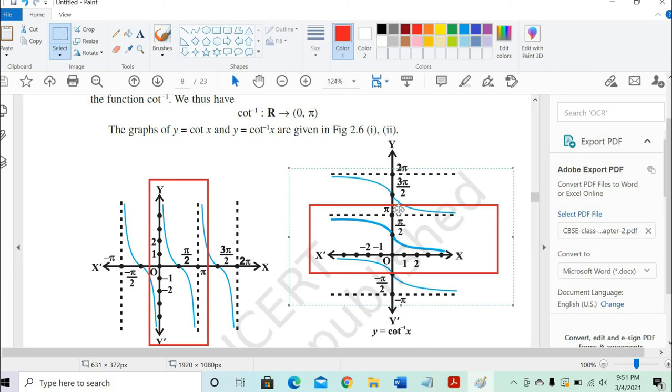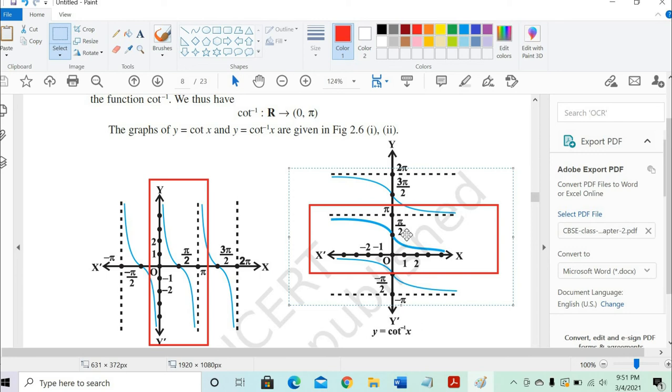Even if x goes from infinity to 0, your range will be between 0 and pi by 2, and from minus infinity to 0, it will be between pi and pi by 2.